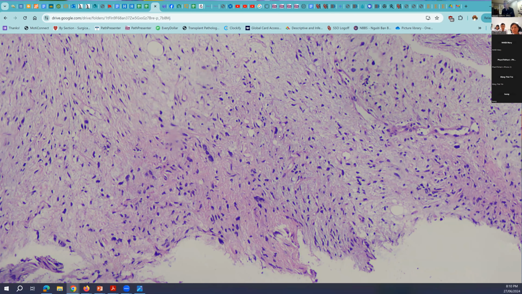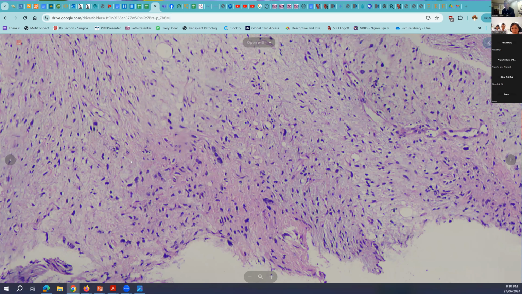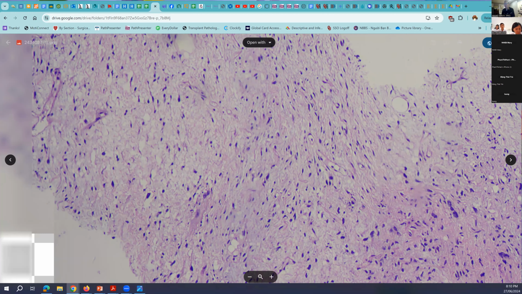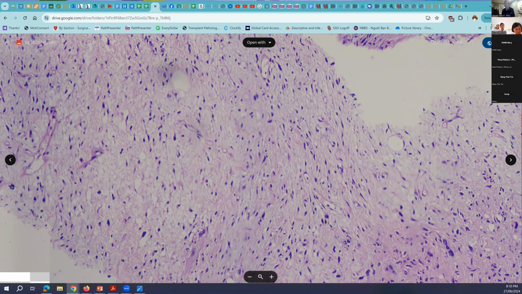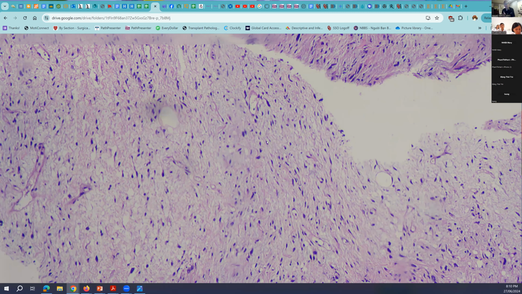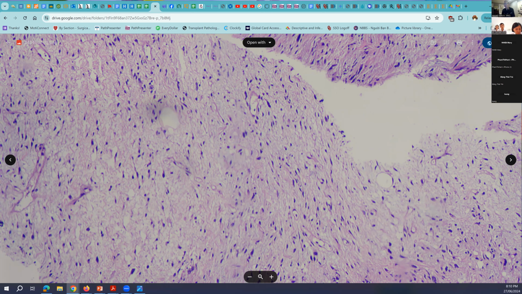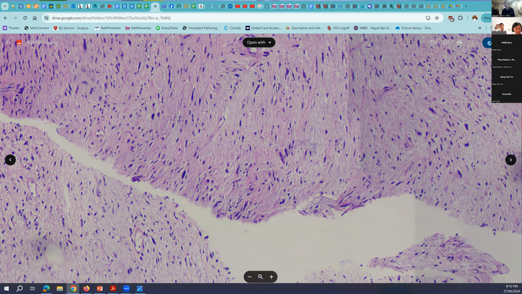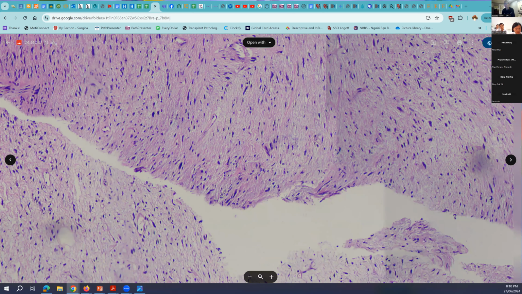Even though we don't have much fat here, this kind of low-grade atypia and spindle cell pattern with a little bit of myxoid change would be in that category of well-differentiated liposarcoma. Now, of course, that's a tumor that has a potential to de-differentiate and form more solid and higher grade areas. This isn't really a high grade yet, but it is certainly more solid than the usual well-differentiated liposarcoma.